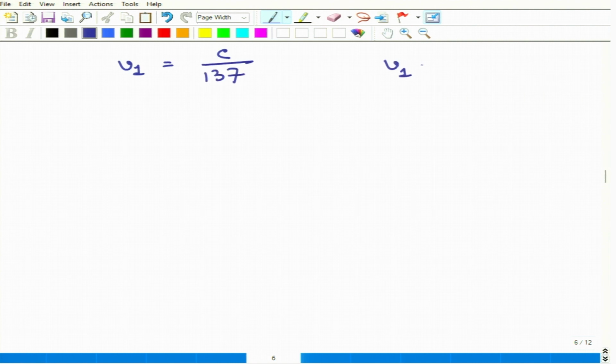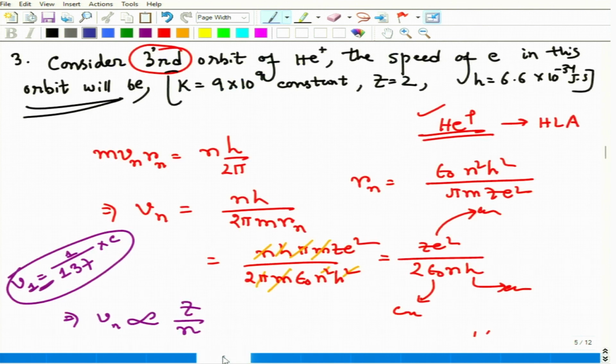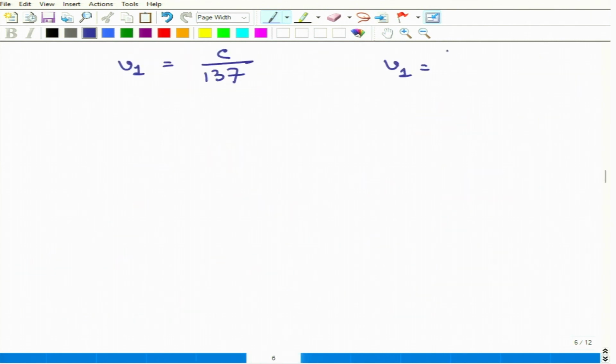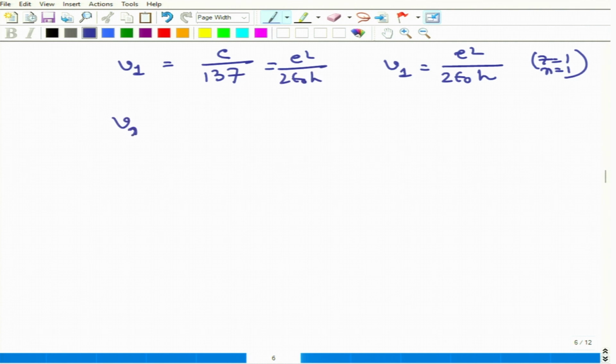So V1 is, this is the general formula, so with Z as 1, it is E square divided by 2 epsilon naught H, because Z is 1, N is 1. So this is E square by 2 epsilon naught H.